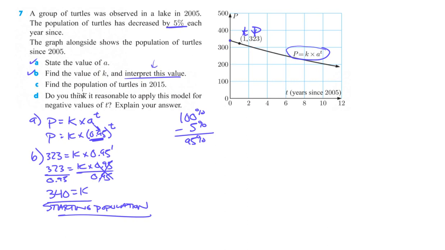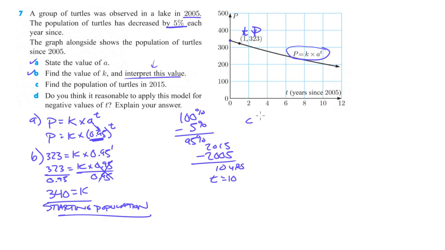Okay. C, find the population of turtles in 2015. So this is a group of turtles observed in the lake in 2005, and it's decreased 5% each year since. The difference between 2005 and now 2015 is 10 years. So that means T is going to equal 10 in this case.